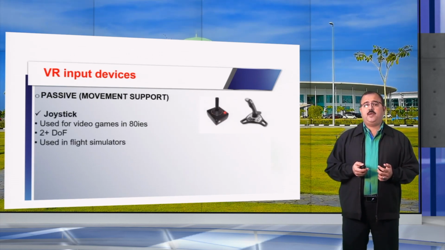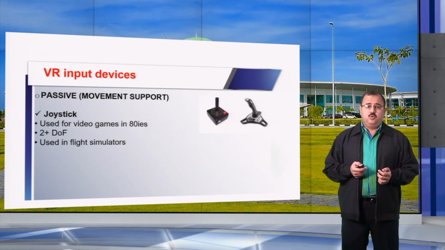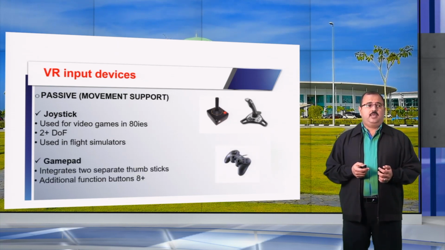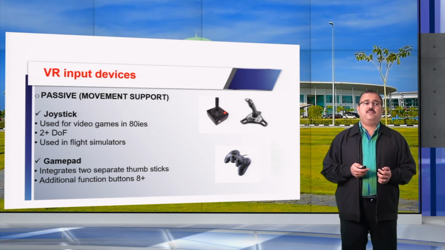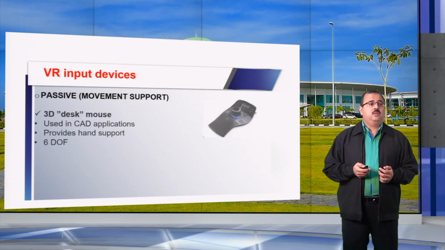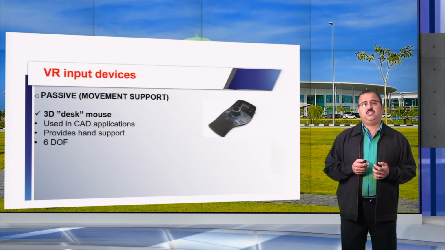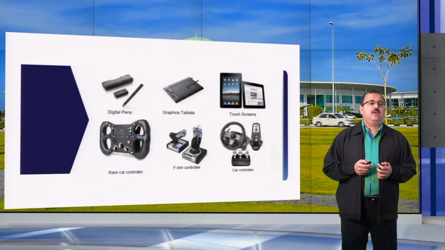The joystick, used for video games since 1980, has 2+ degrees of freedom and is used in flight simulators. The gamepad integrates 2 separate thumbsticks and has additional function buttons. The 3D disc mouse, used in CAD applications, provides hand support and has 6 degrees of freedom.